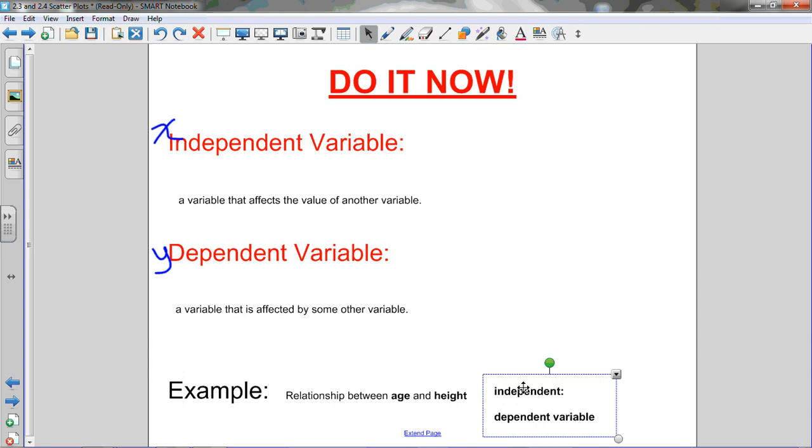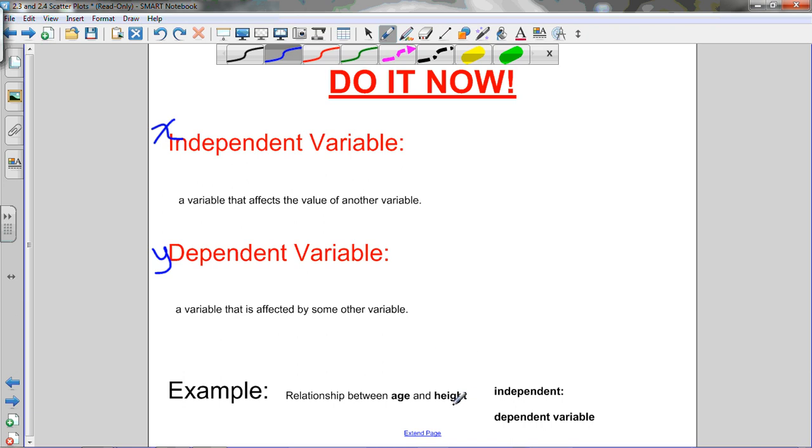This is a question I always ask myself to figure it out. Does height depend on age, or vice versa, does age depend on height? If you think carefully about those two statements, your age doesn't depend on how tall you are.